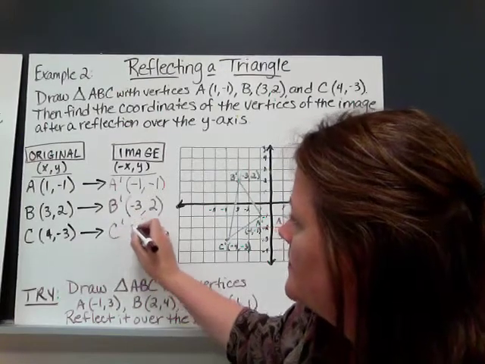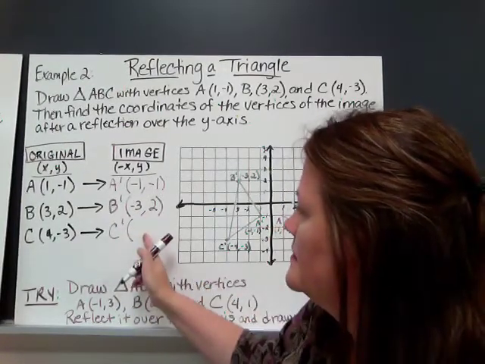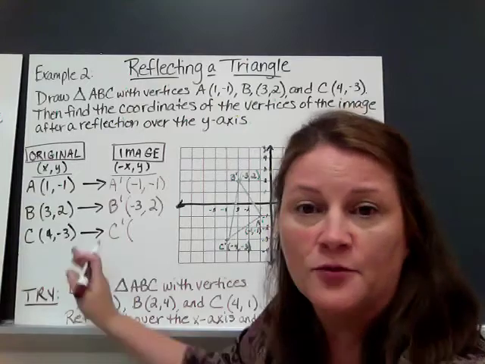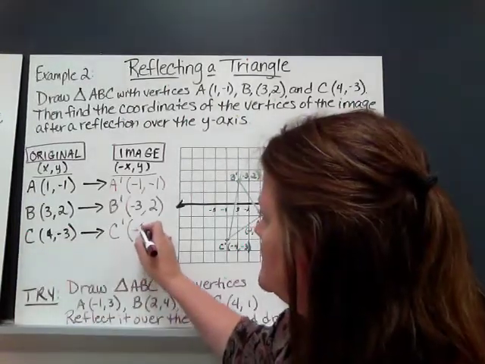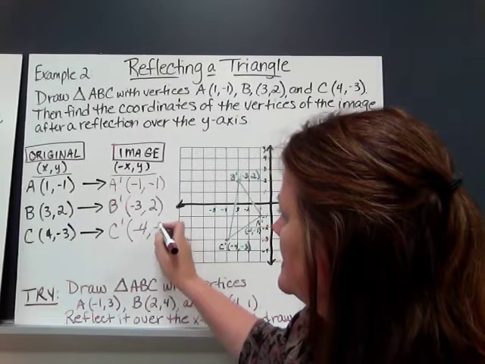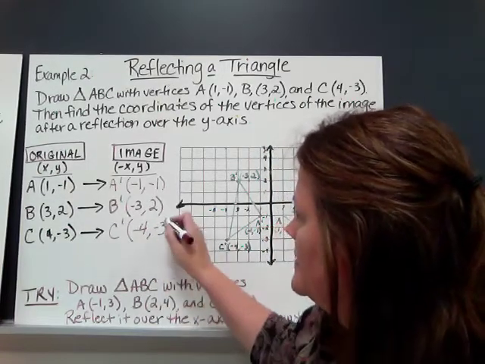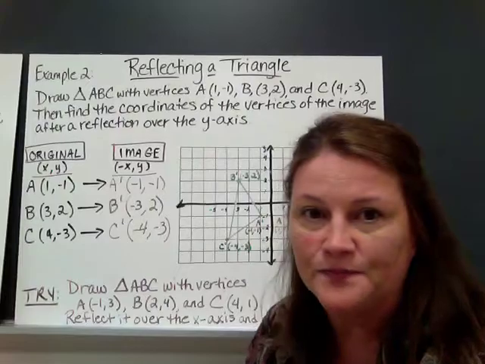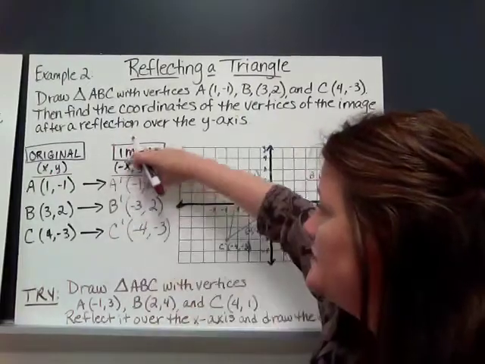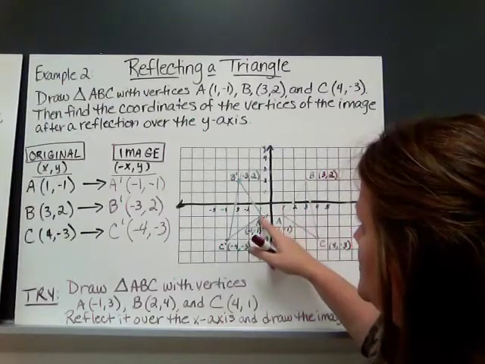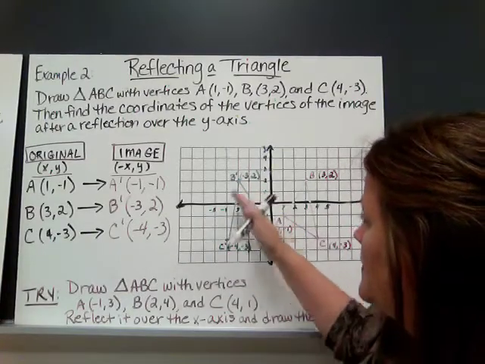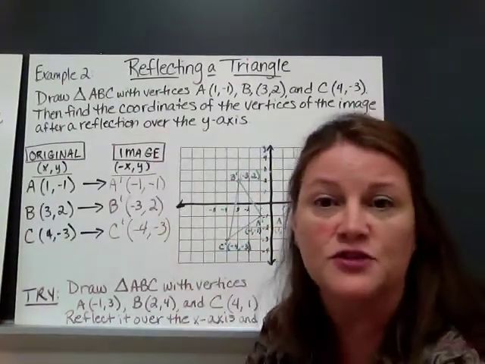C prime. The coordinates for the image, we're going to change the x-coordinate to the opposite, so that would be -4, -3. The y-coordinate on that vertex stays the same. So now that I have these coordinates, I can draw in my image, and it's right here, A prime, B prime, and C prime. Those coordinates all match with what we just wrote in here.